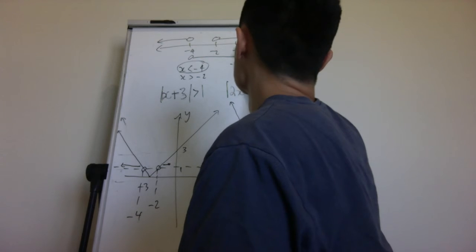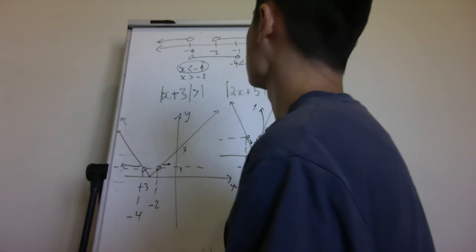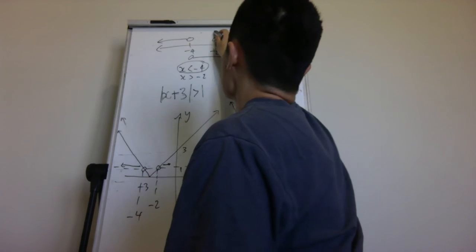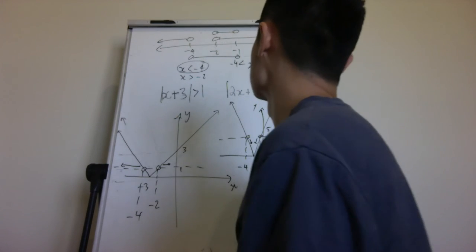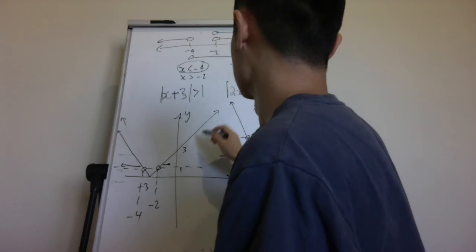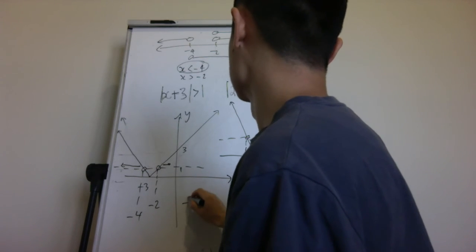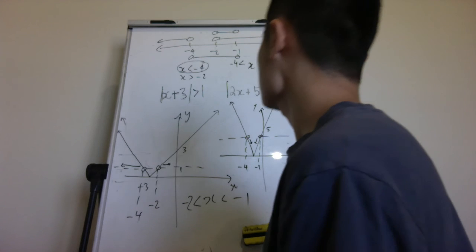So here. Alright, so can you see that the only parts that overlap is this part? Okay, so that's exactly what our answer is going to be. X is greater than minus 2 and less than minus 1.